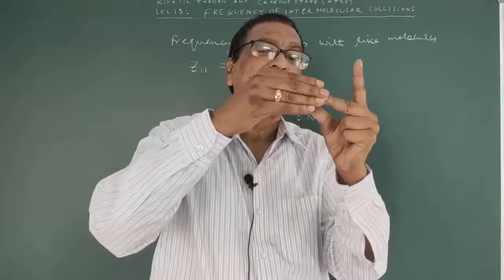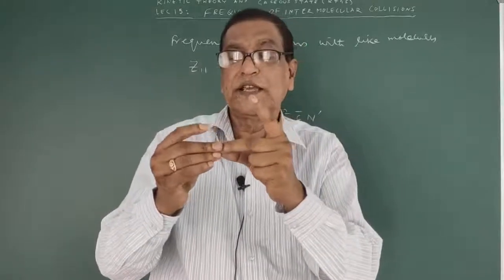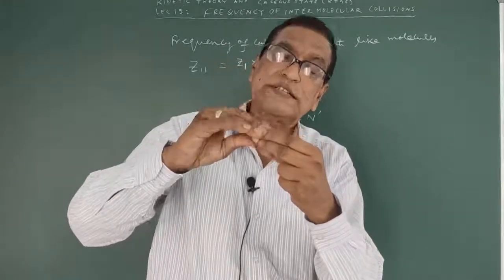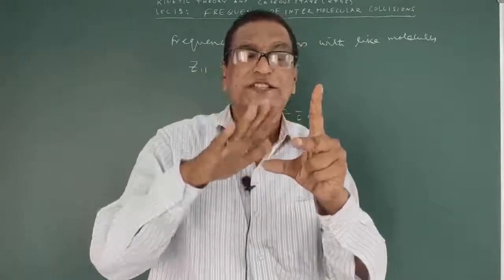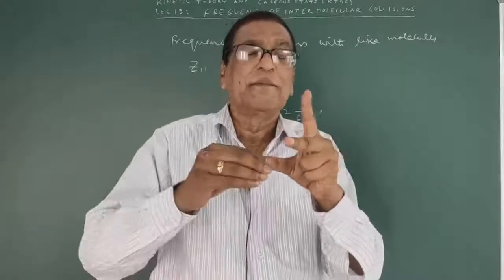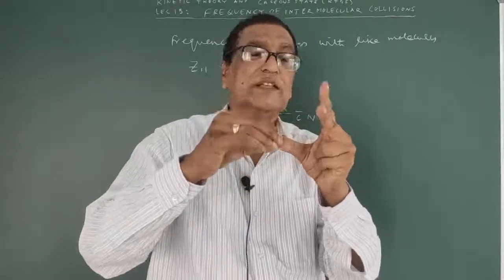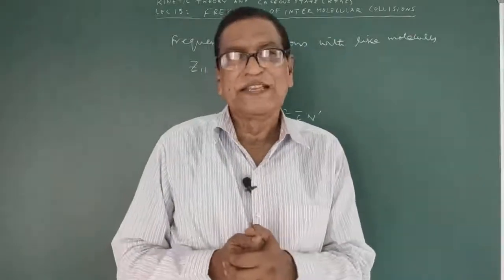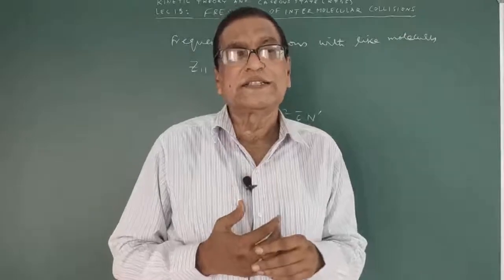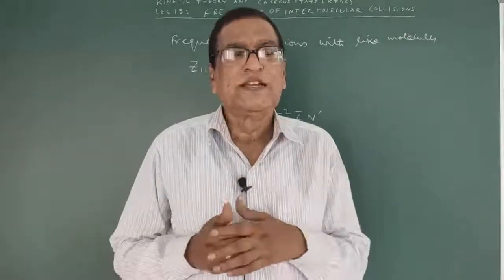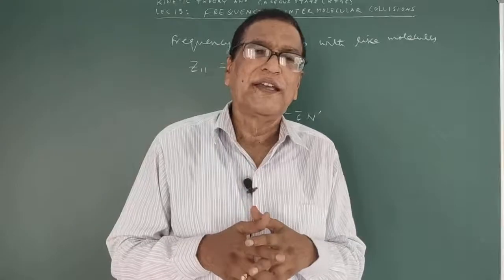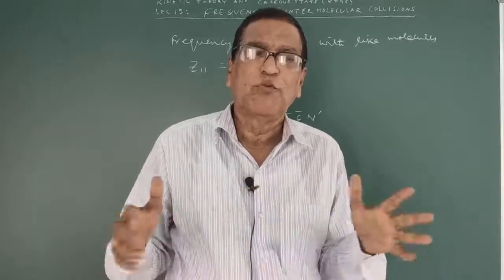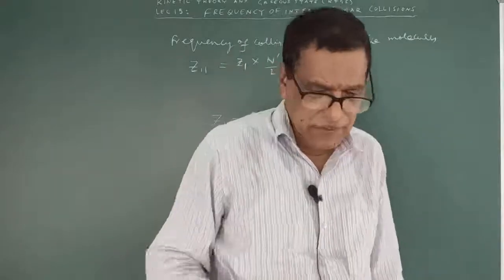This one, 5, and this one collides with this one, 6. Though we are counting 6 collisions, this collision and this collision are taken as 1. So total collisions: 6 by 2. It has to be divided by 2, or half multiplied, in order to avoid double counting.